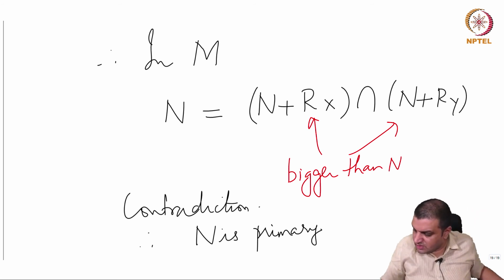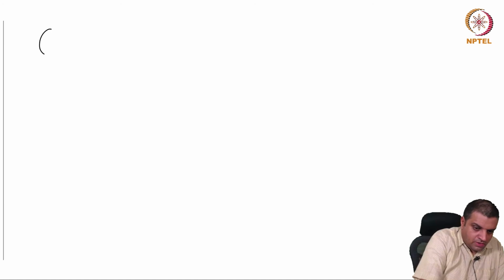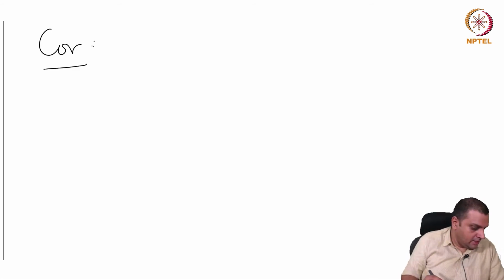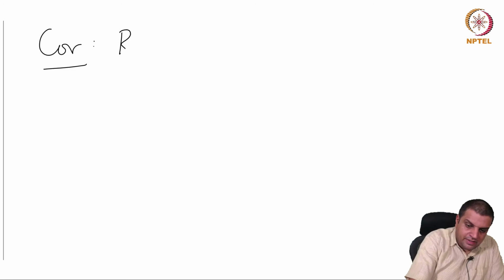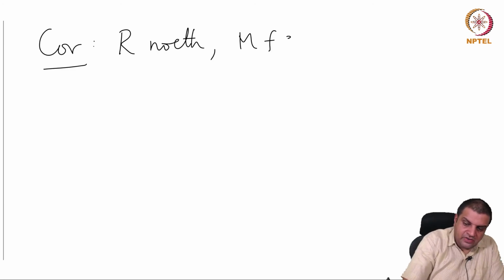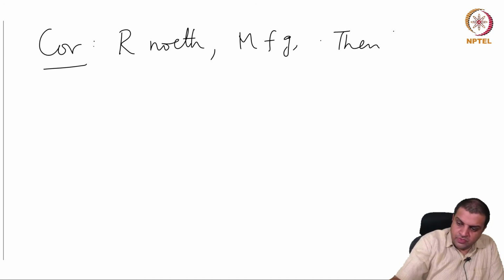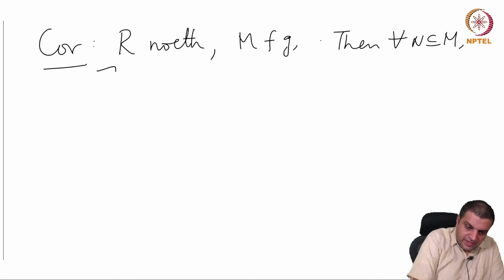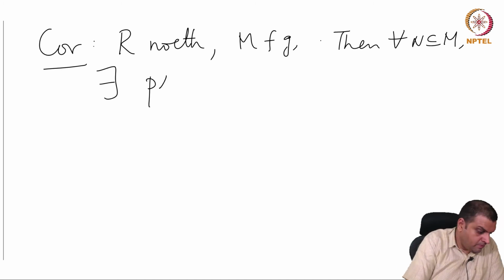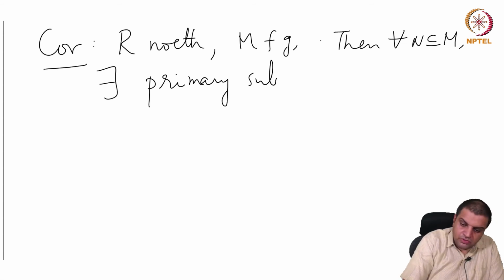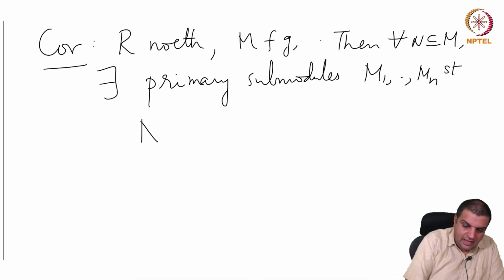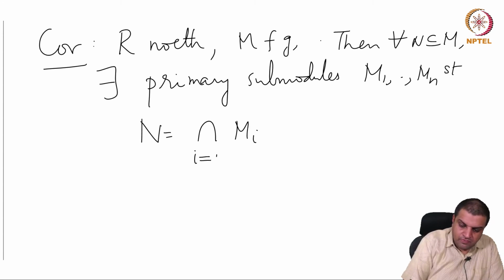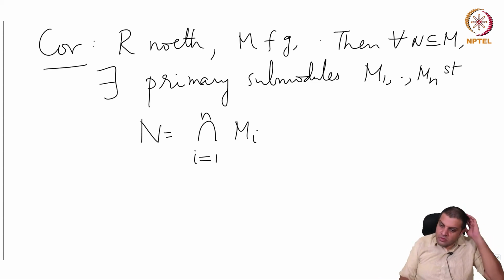Okay, let's just summarize these results. Corollary. Let R be Noetherian, M finitely generated, and then for all N in M, there exist primary submodules, finitely many, M1 through Mn, such that N is the intersection of the Mi's.